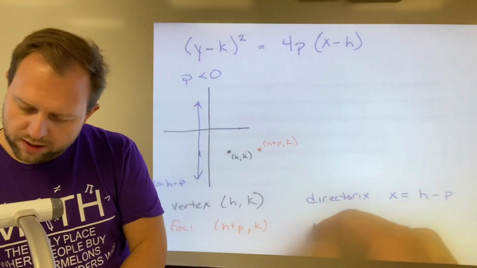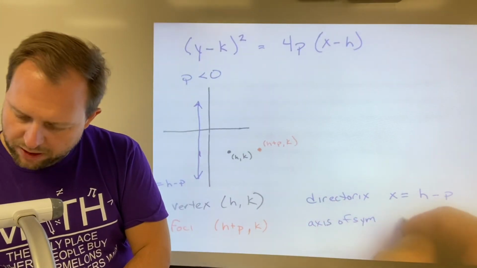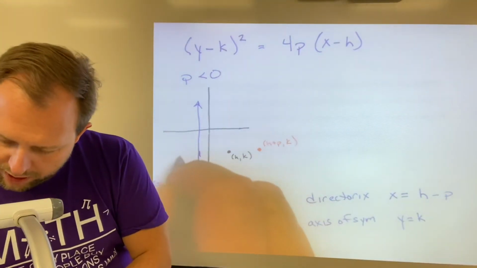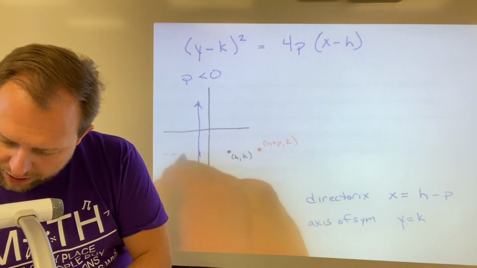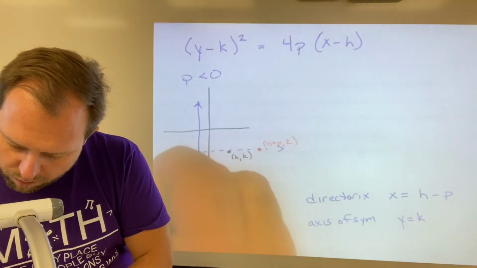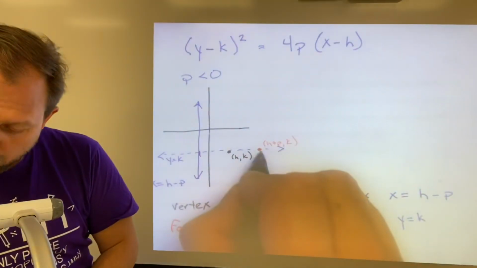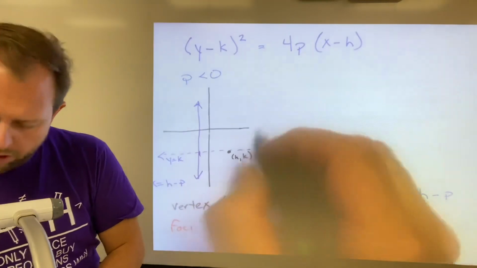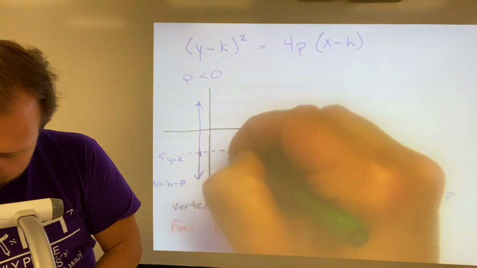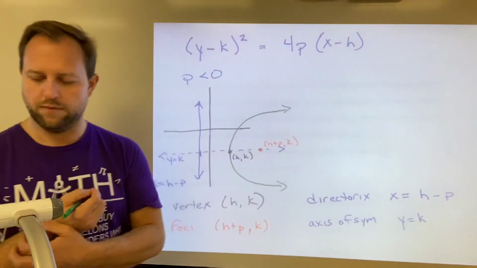And our axis of symmetry is going to be y equals k because we're now going in the opposite setup. So it's going to be this way, and that is y equals k. So we end up with a parabola opening towards the foci, away from the directrix. In this case, they open sideways because it is the y term that is squared and not the x term.